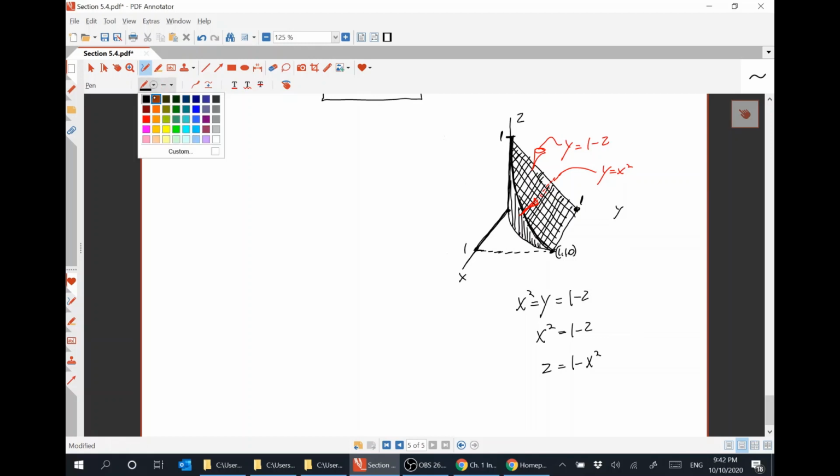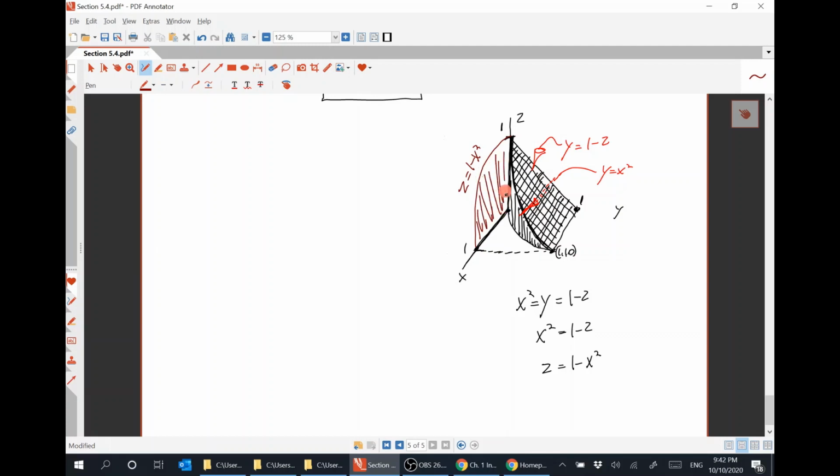So I'm left with this parabola right there in the xz plane. I should do a different color there. Nice maroon color, or brown color. So this is z equal to 1 minus x squared.